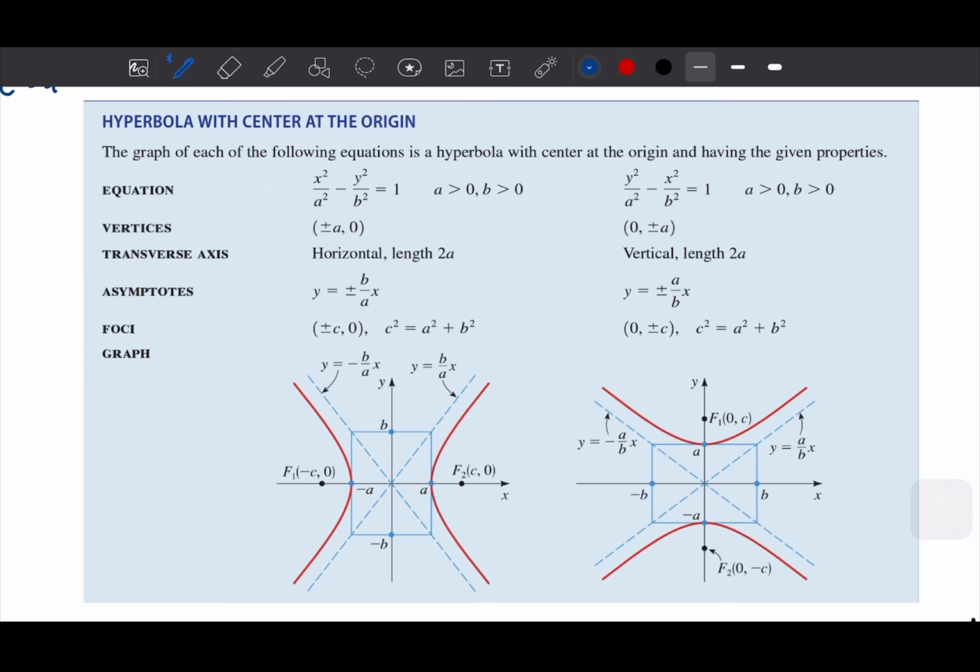So as long as you can define your A, B, and which hyperbola it is, the later part is just a follow-up of the first definitions.